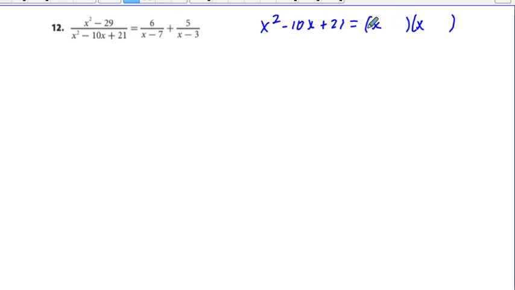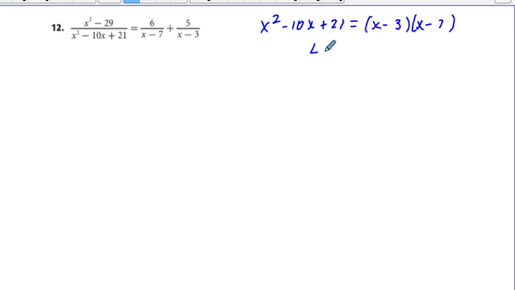Okay, next, let's see, are there two numbers that multiply together to equal 21 but add together to equal 10? I'm thinking 3 and 7. And we know that we're going to have negative, negative. So really that's all we're going to need. So we already have our least common denominator here.